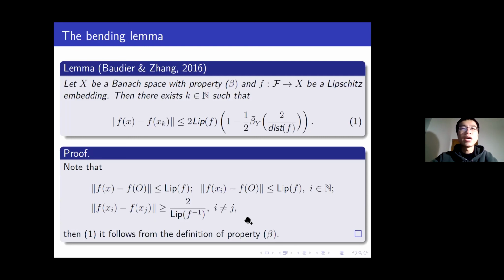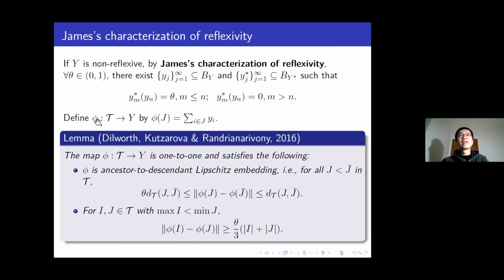So let's go back and check if the phi in the non-reflexive case satisfies these properties. Phi has 2 nice properties. One is ancestor to descendant Lipschitz embedding, and this property actually assures that phi must be Lipschitz. The second only says that those vertices that are far apart, their images are separated.